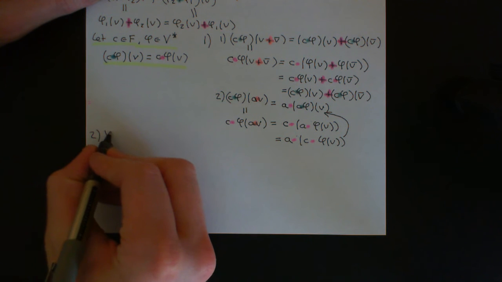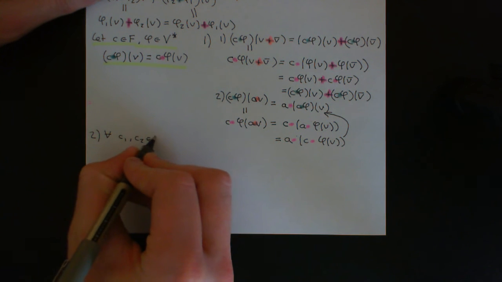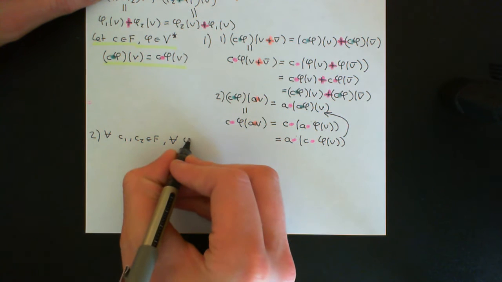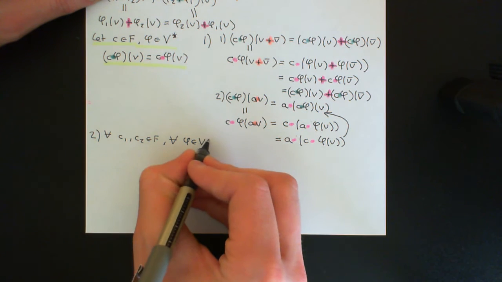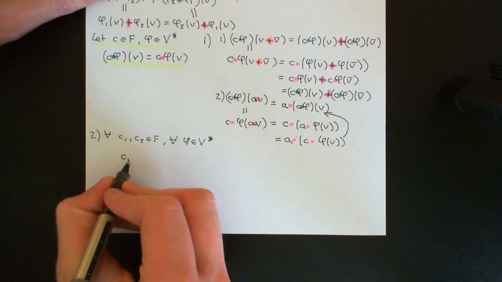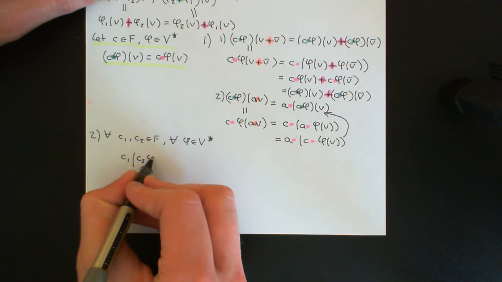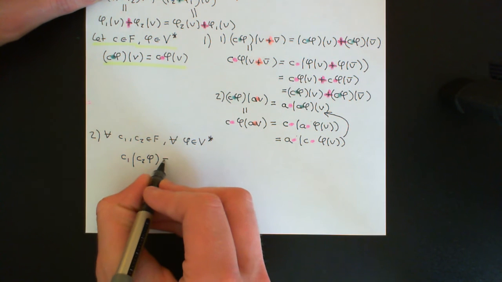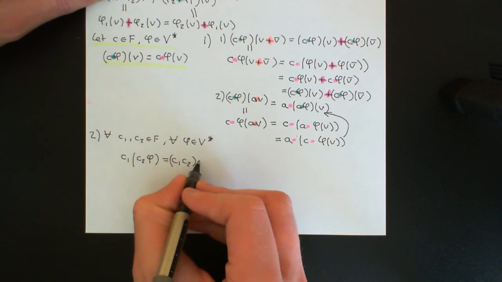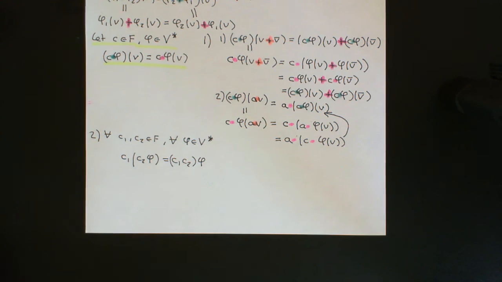So for all C1 and C2 that you can pick from the field capital F, and for all phi that you can pick from the dual vector space, it must be the case that C1 scalar multiplied with C2 scalar multiplied with phi is equal to C1 multiplied by C2 in the field, and then the answer scalar multiplied by phi. Okay, so this is what we need to prove.